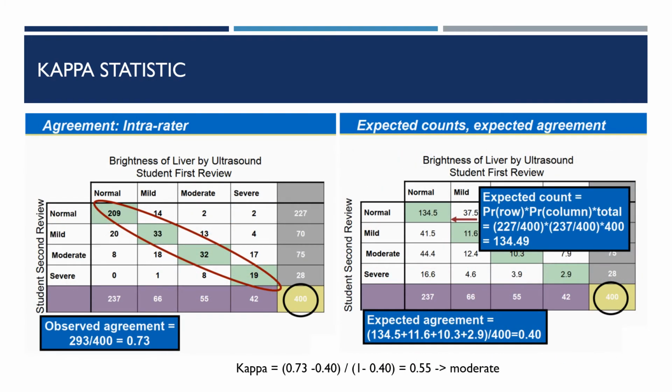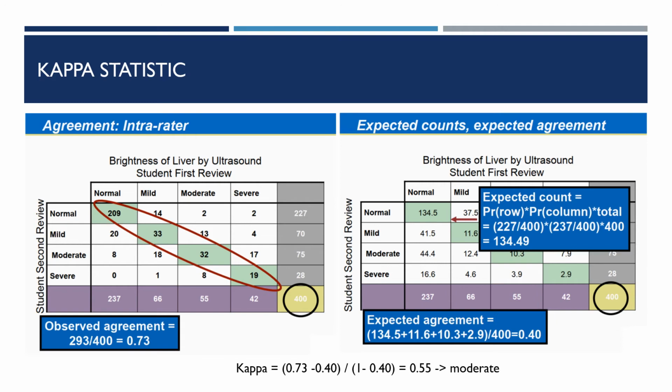This is an example of the kappa statistic. In this example, we have a student who reviewed the liver ultrasound twice, and for each review, we ask the student to rate the brightness of the liver into 4 categories: normal, mild, moderate, or severe.